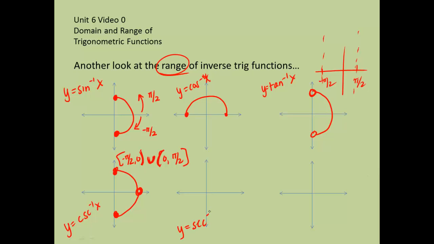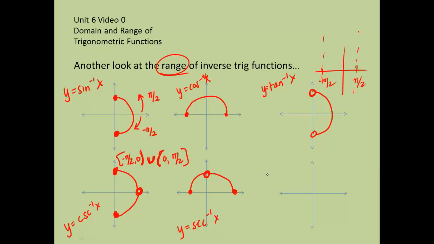Next, I have our arcsecant of x, or the secant inverse of x, and those are going to be very similar to this one, where I'm going to include the endpoints, but I'm not including pi over 2. So this too will have this union set up here for our range values.